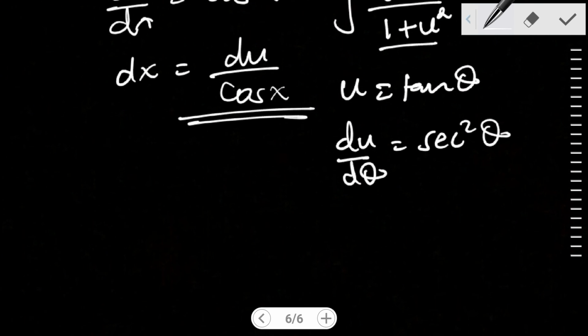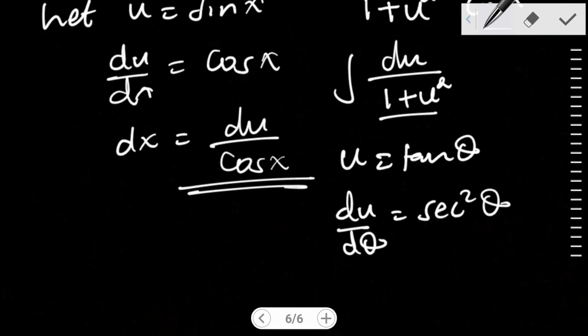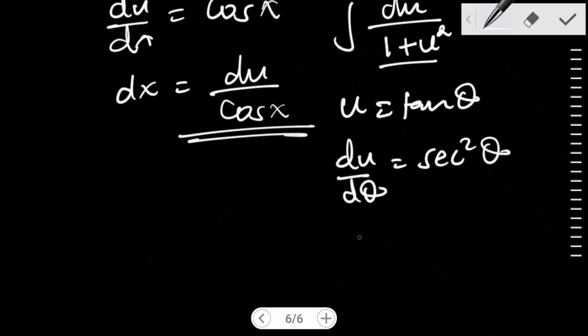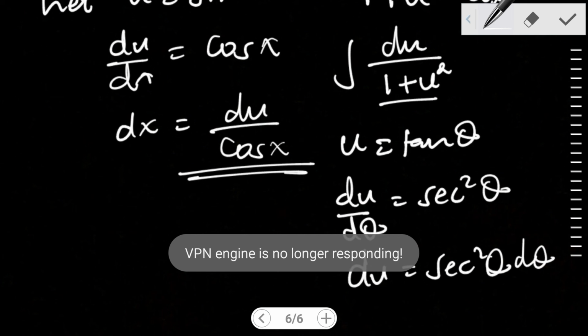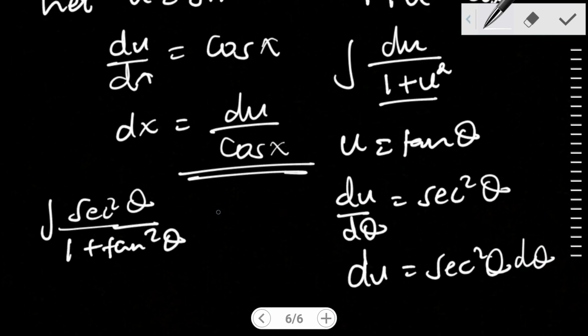Now, what we are interested in here is what du would mean, so du in this case would be equal to sec squared theta d theta. Now having got that, if you put it back there, we are going to have sec squared theta all over 1 plus tan squared theta, then d theta in this case.